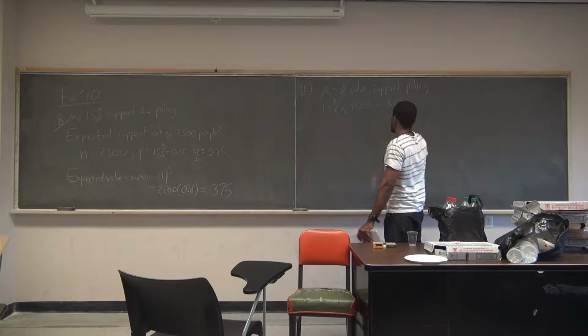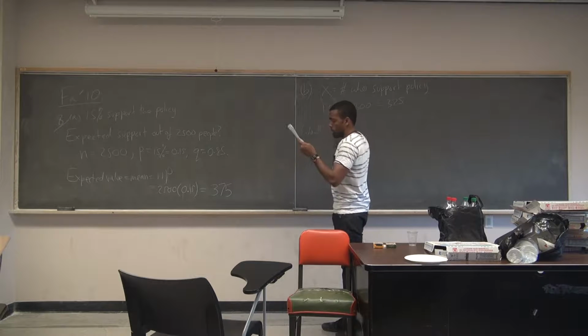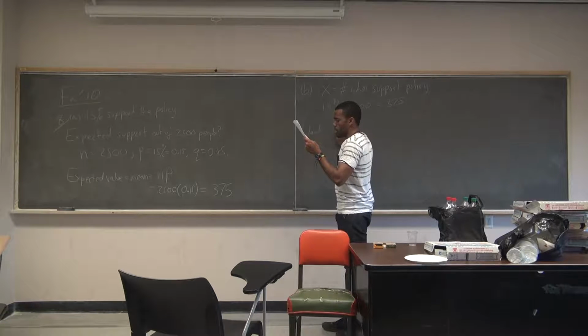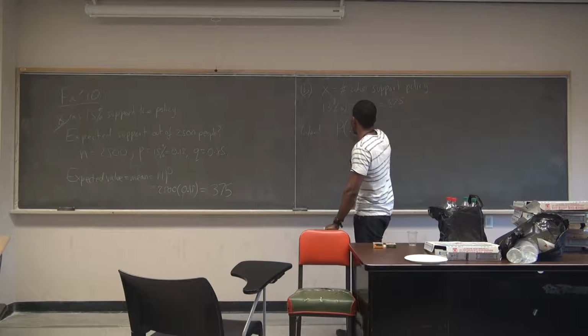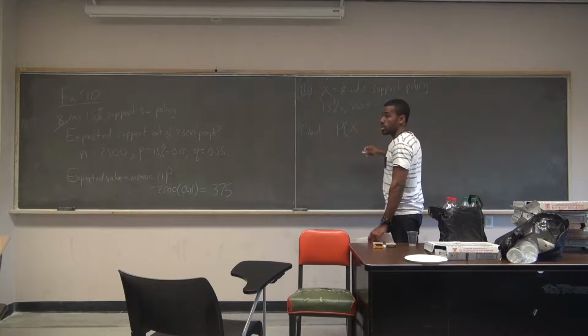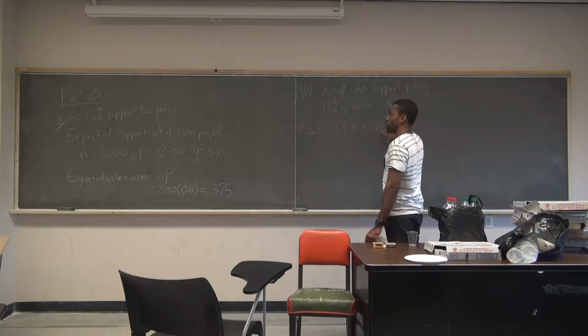So this is the probability that X would be less than 325. What's the probability that the number of people who support this will be less than 325 people?